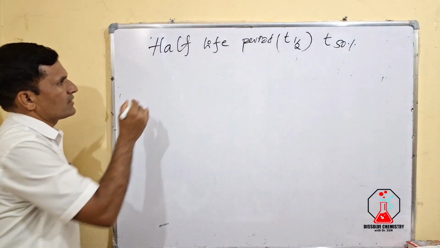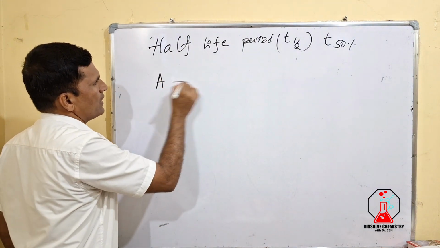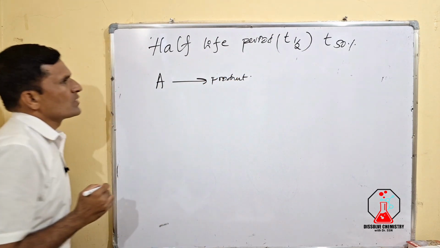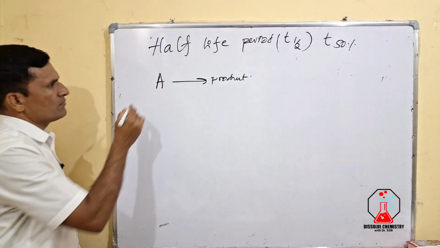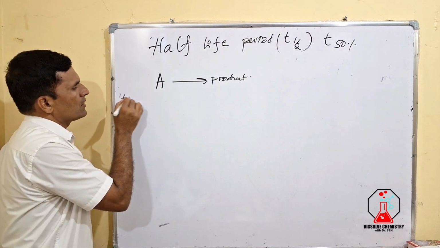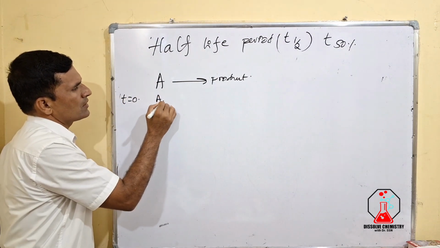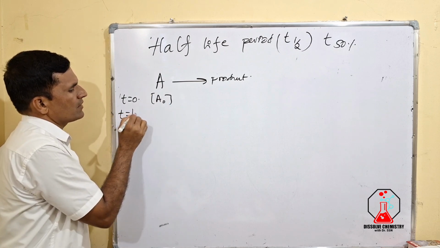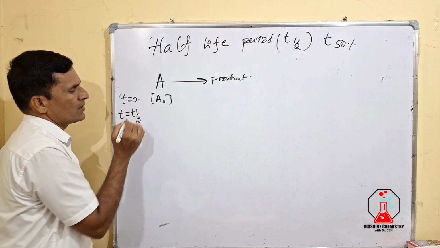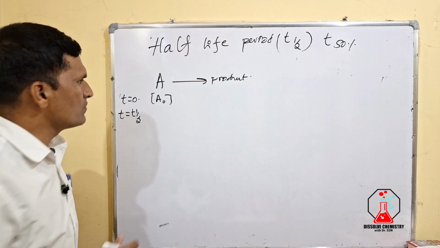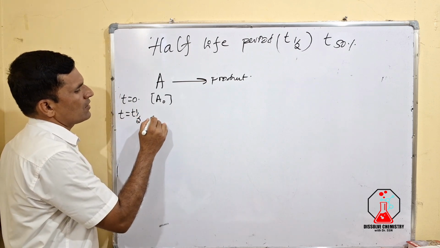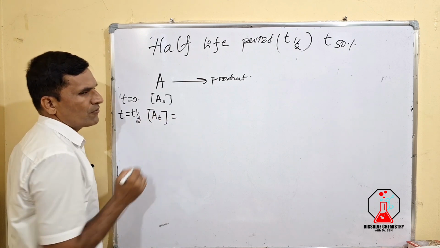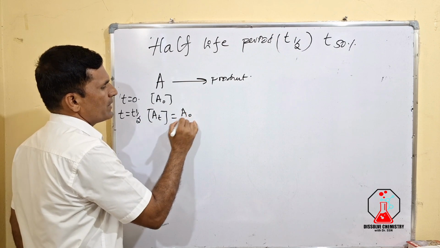Now consider a reaction A gives product. At time T is equal to 0, the concentration is A naught, and when time T is equal to T half, meaning the half-life period, the concentration AT will be A naught by 2.